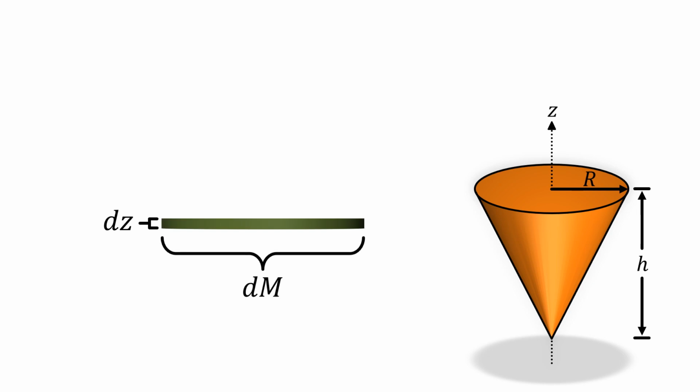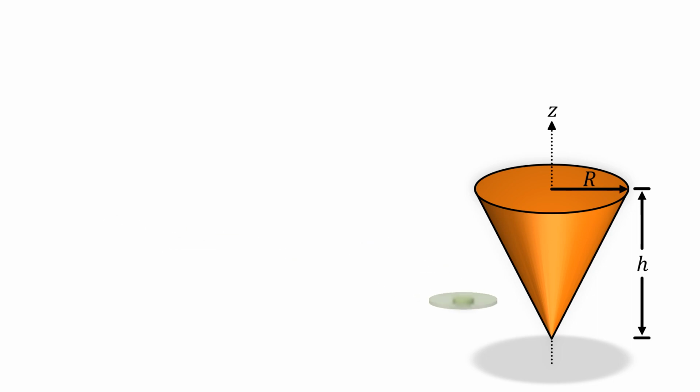So what we want to do here is figure out the expression for the moment of inertia of a disk slice, because as you can see here, the cone can be represented by a bunch of these disks stacked on top of one another, kind of like what I mentioned before.